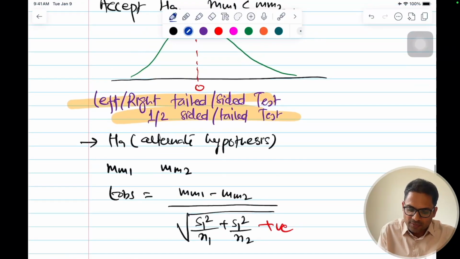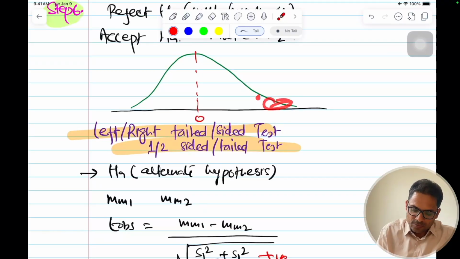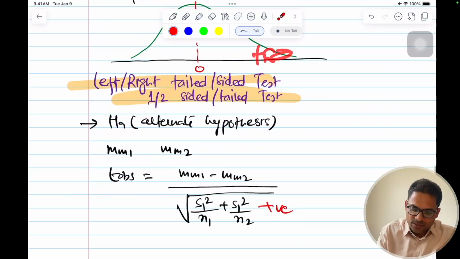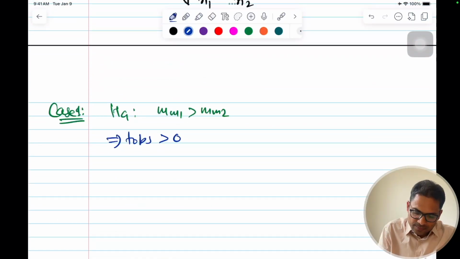Where will I have to look now? The distribution of the PDF. Here, t observed will come somewhere here, on the right side.